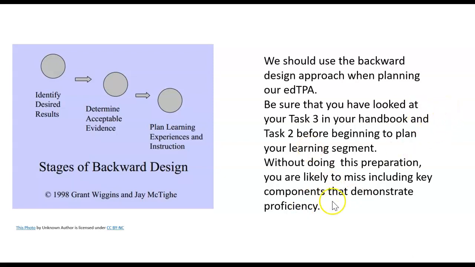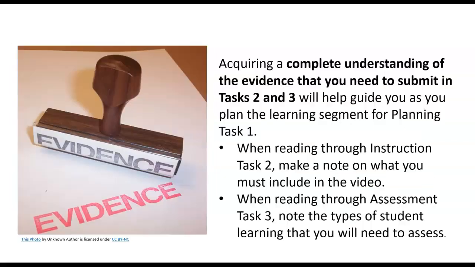So one of the things that you need to do is that you have to look at the other 2 tasks before you start task 1. So you need to open your handbook and read task 3, and you need to read task 2 before beginning on task 1. So this is very important.